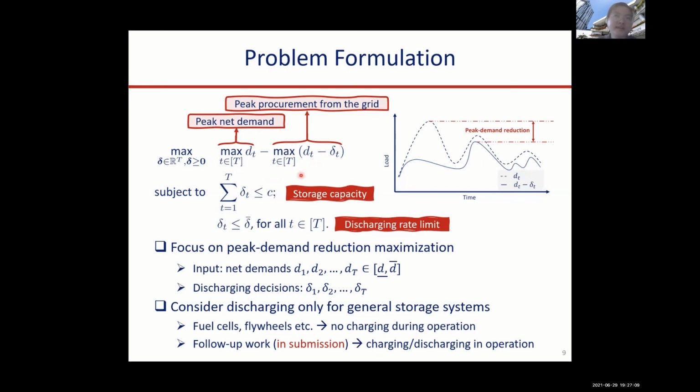Moreover, we think that the peak demand reduction directly reflects the benefits brought by using energy storage, right? This will help us identify the optimal sizing of the storage capacity. Hope I have answered your question.